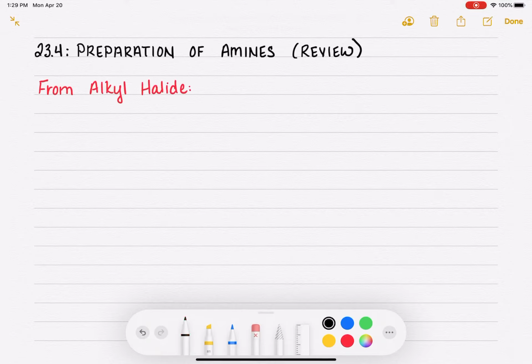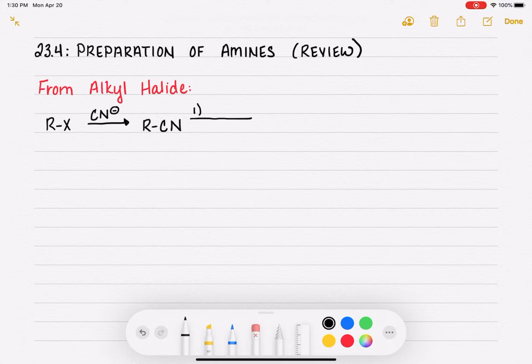In this reaction, we're going to start with, obviously, an alkyl halide, and we're going to react it with the cyanide ion. This is going to be an SN2 reaction, so this aspect of the reaction is from fall quarter, a long time ago. But once you have made this nitrile, where you substituted the leaving group, the halogen, for the cyanide group, then you can do a reduction on the nitrile.